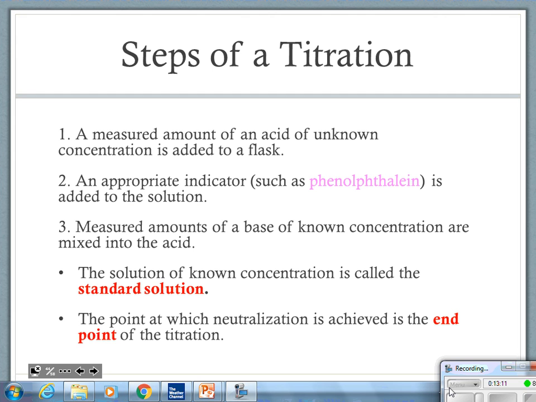And you simply add that base until we have what we call an endpoint where neutralization has occurred. All right? So, we take a measured amount of a known concentration to determine a measured amount of an unknown concentration. Now, I'm going to show you real quick this endpoint here.